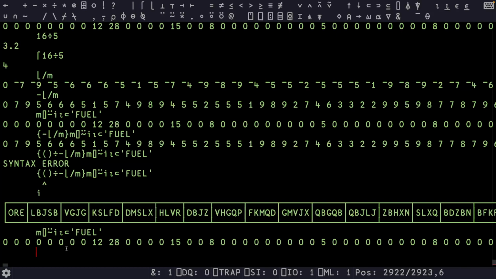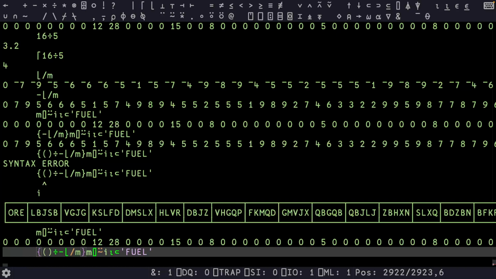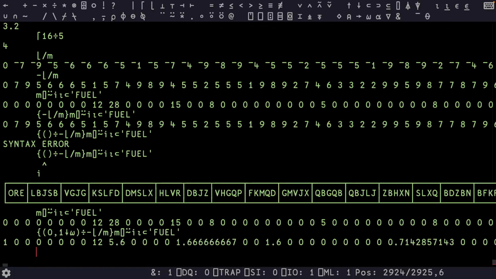But the thing is that we don't actually want to run the ore reaction because there is no such reaction. So in terms of pre-processing our input here, we can do a 1 drop omega and then catenate a 0 onto it. And this is basically just saying whatever the positive ore value is, just get rid of it and replace it with a 0. So we're almost like excluding it from consideration here.